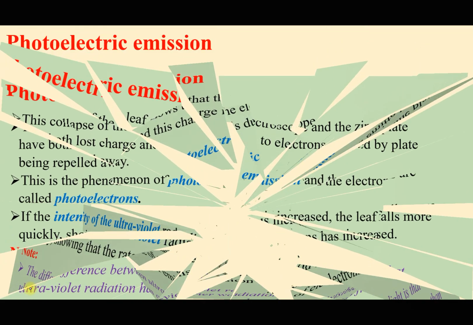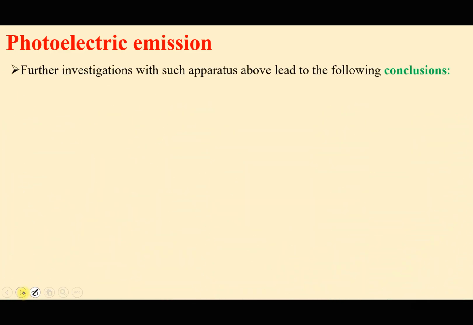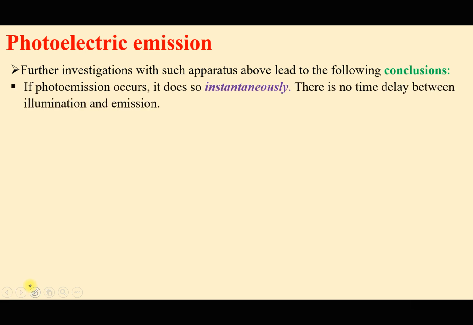Of course, there were several further investigations that can be carried out in a modern laboratory. Further investigations with such apparatus as we have just explored using the gold leaf electroscope could lead to several conclusions, which could include: number one, if photoelectric emission occurs, it does so instantaneously. Observations show that if ultraviolet light is shined on the zinc plate, the gold leaf immediately starts collapsing.